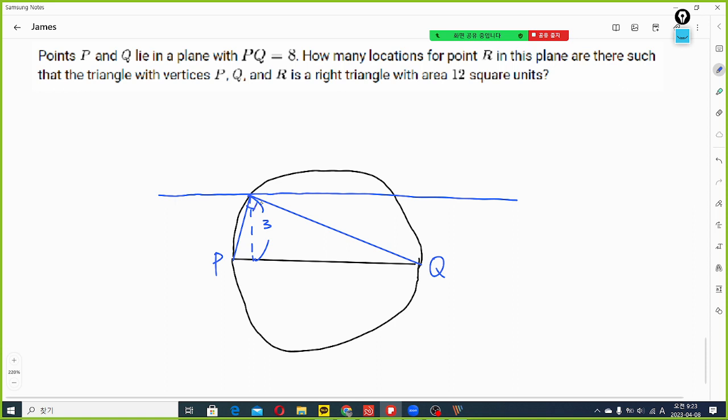This is 90 degrees because PQ is the diameter, and there will be another triangle with a height of 3, and it's also a right triangle.